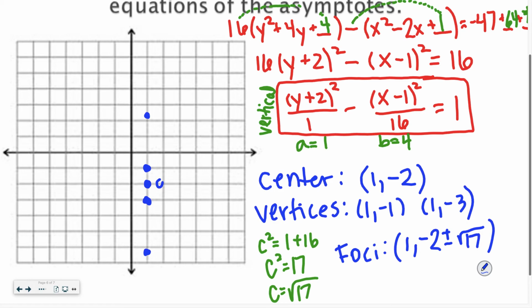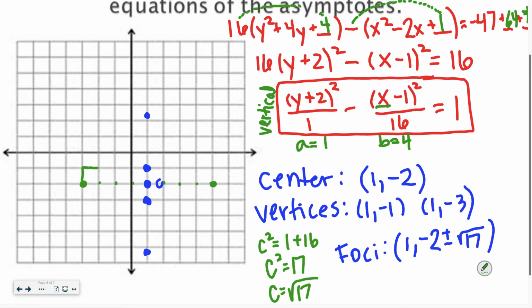All right, to make our asymptotes, we need to take b into account. So since b is associated with our horizontal variable, I am going to move 4 horizontally.